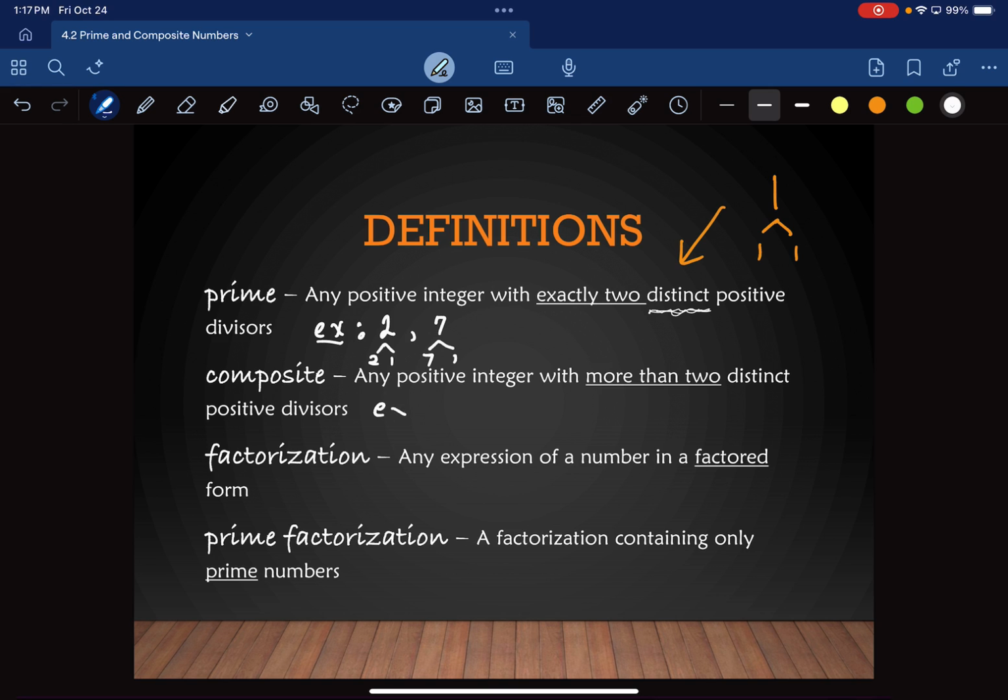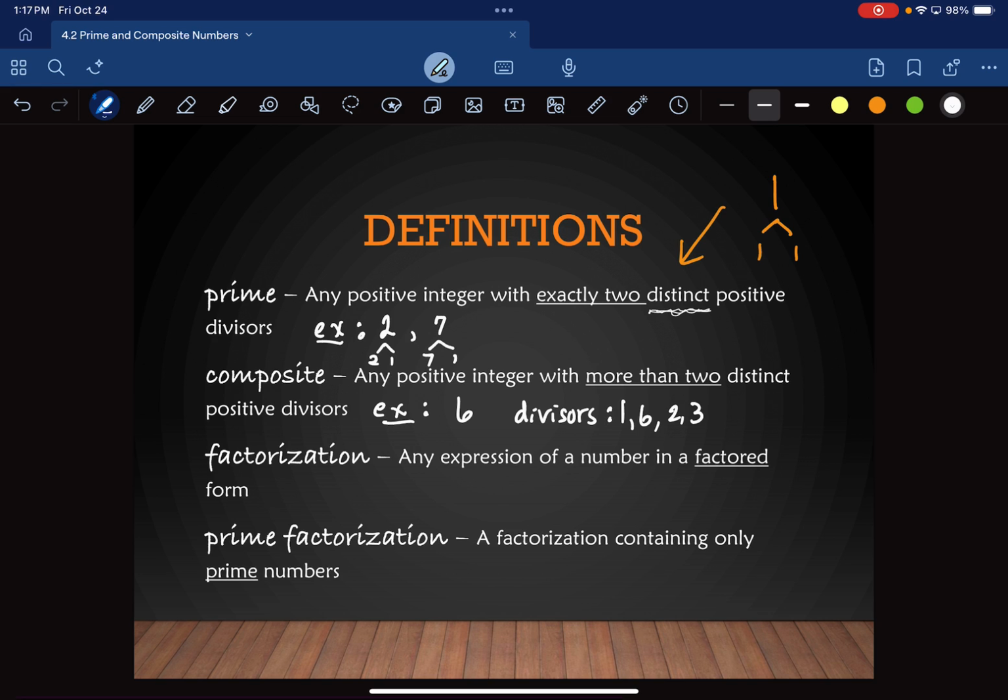So, for example, we'll go with the number 6. 6 has as its divisors 1 and 6. But what else does it have? 2 and 3. It has more than 2 divisors, so it's composite.